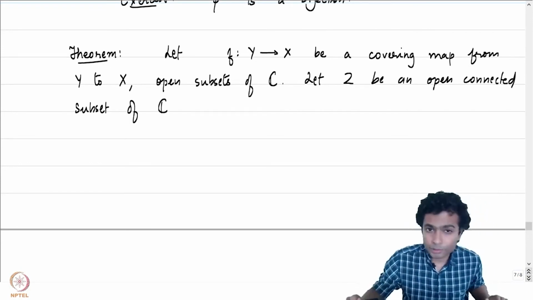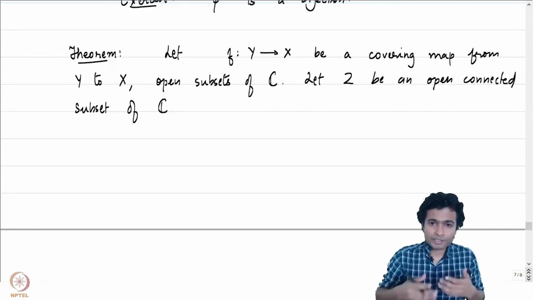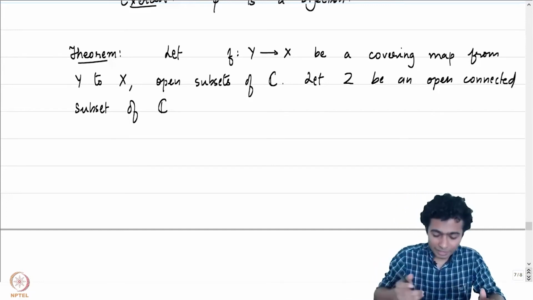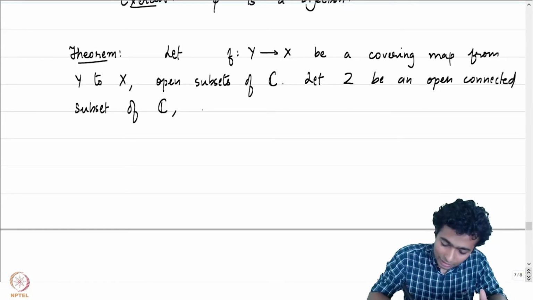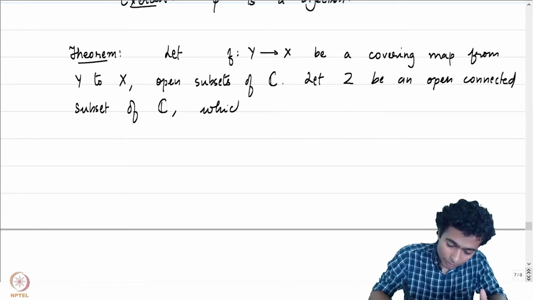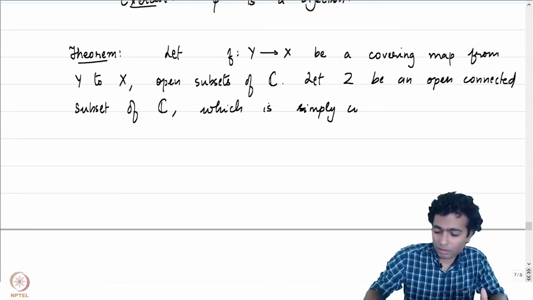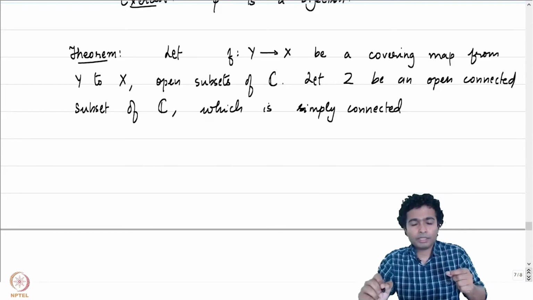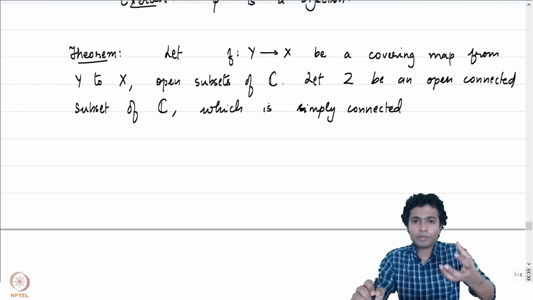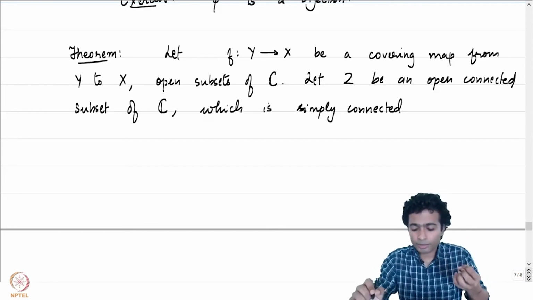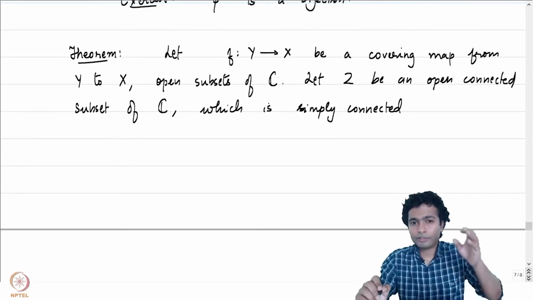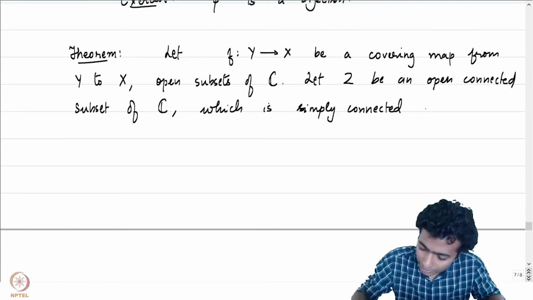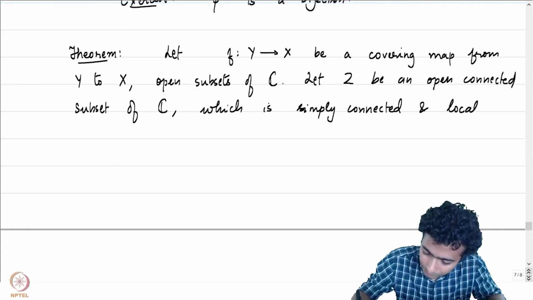And as usual, we will put more conditions on Z, namely that it is both simply connected and locally connected. Locally connected basically tells us that given any point in the space and any neighborhood of it, we will be able to get hold of a smaller neighborhood of the point contained in the open set, which is connected, simply connected and locally connected.